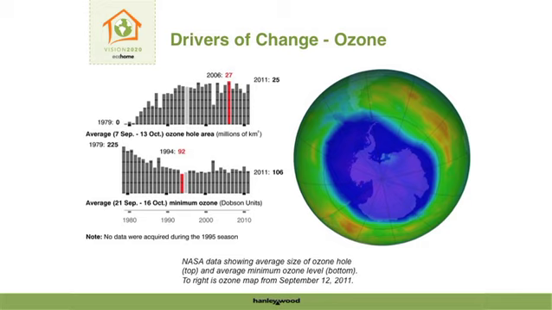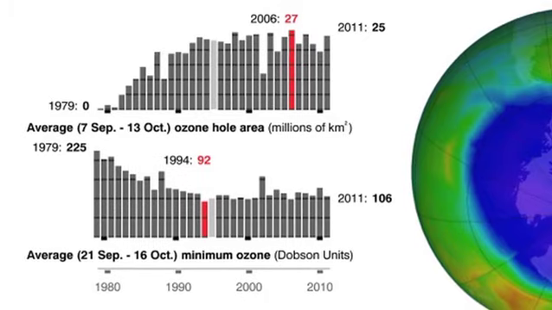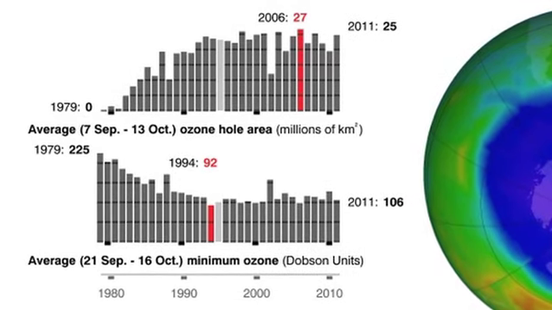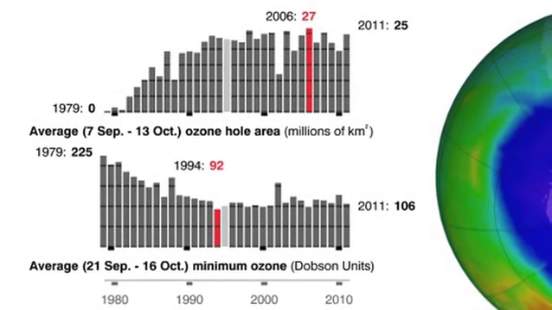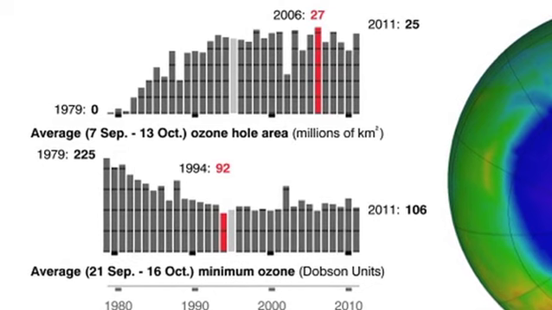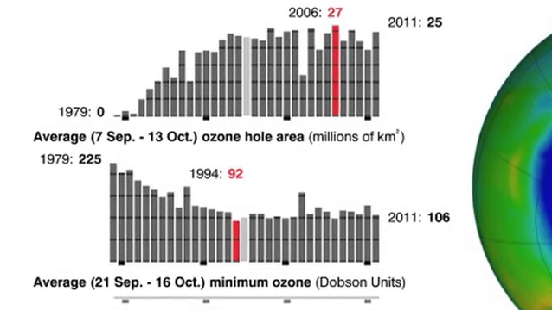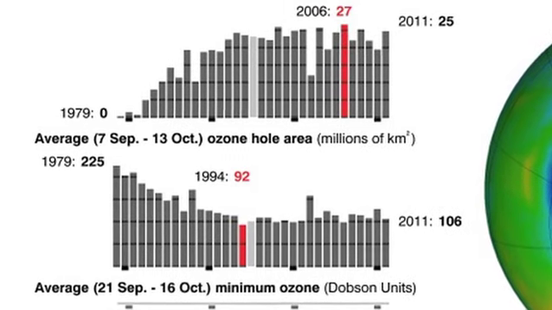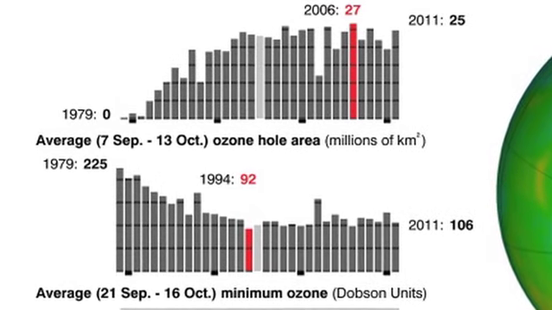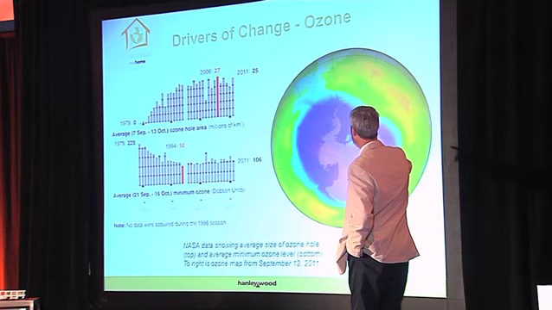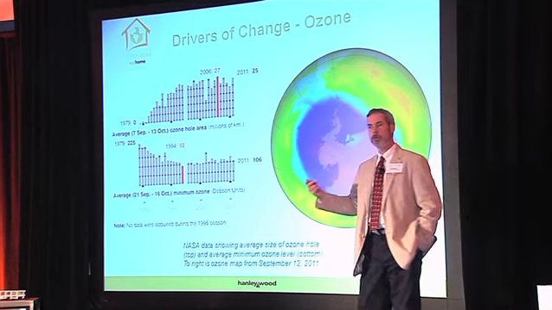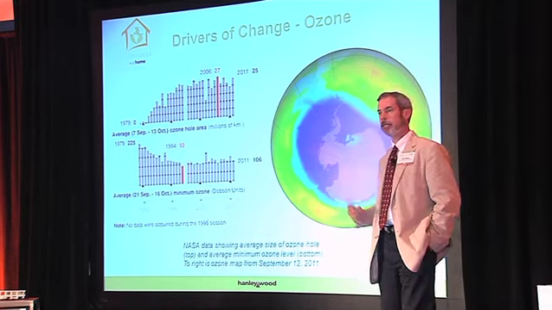In 1979, as shown in that upper graph on the left, there was 0 ozone hole. By 1990, it had grown dramatically. Unfortunately, it stayed fairly steady since then, but a big problem. And it creates this large hole where there's inadequate ozone to protect us from ultraviolet light.